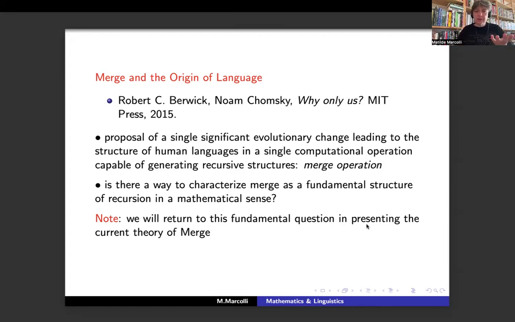And so there is this recent book by Berwick and Chomsky, which tries to give the evolutionary argument behind the structure of minimalism in syntax, and why this would be a single evolutionary change leading to the main structure of human languages. I will come back to this later in this class, when I discuss the problem of modeling the interface between syntax and semantics.